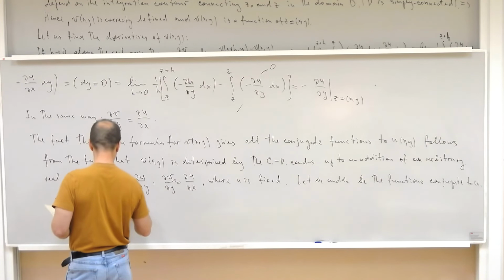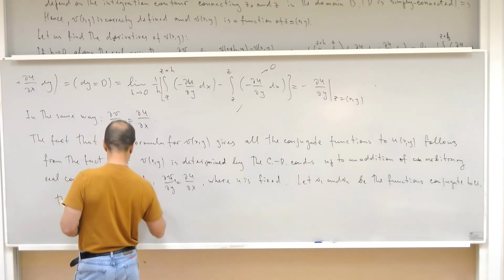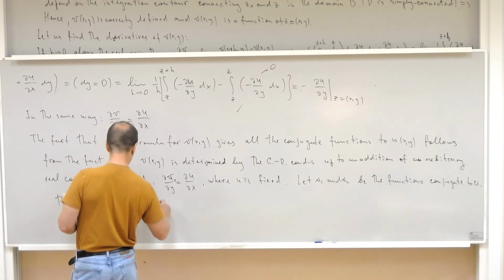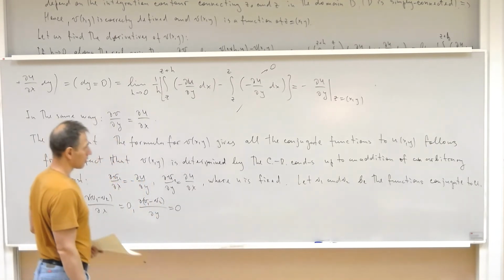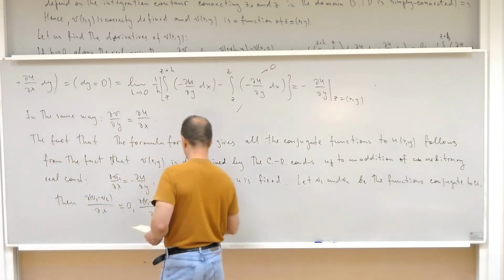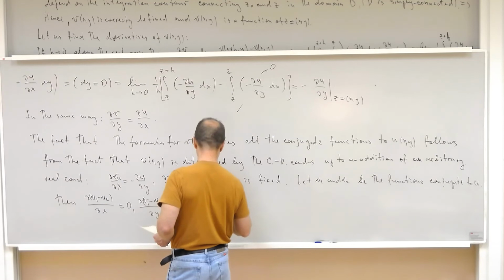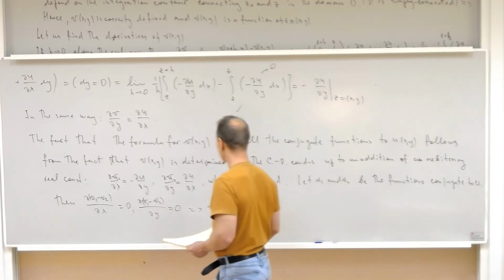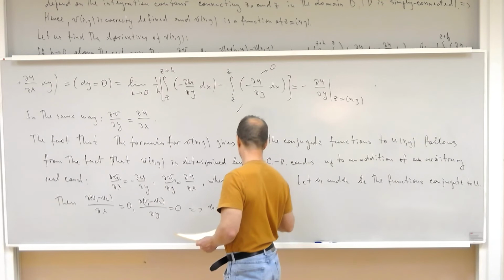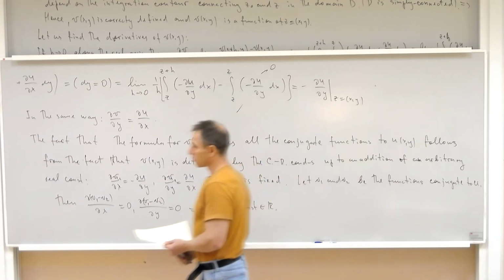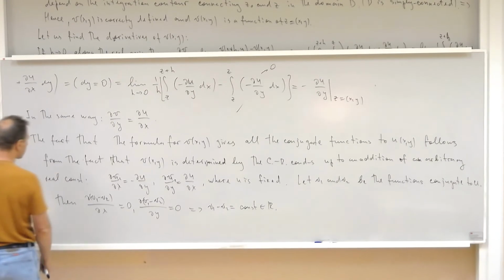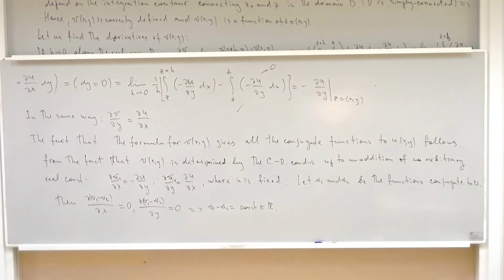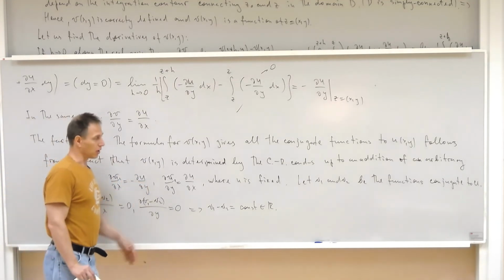Then, as follows from these conditions, we write them for the functions v1 and v2. Then we just subtract the equation for v1 from the equation for v2, and we will have such a pair of equations.